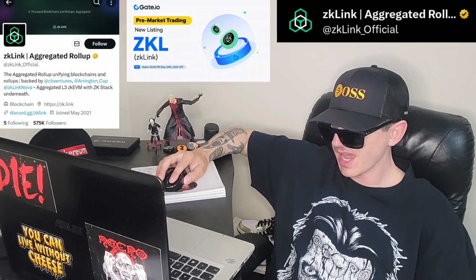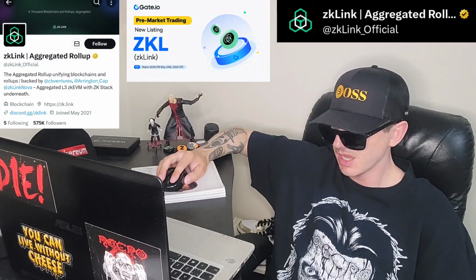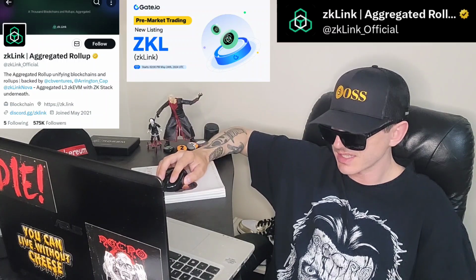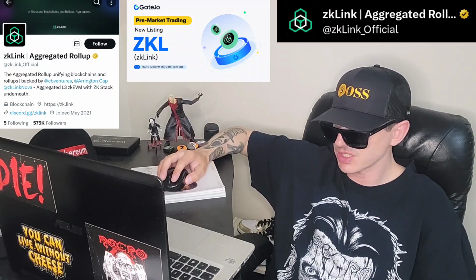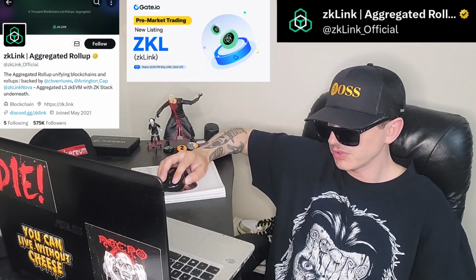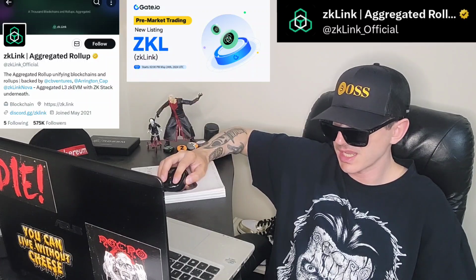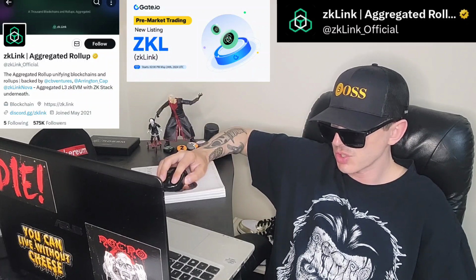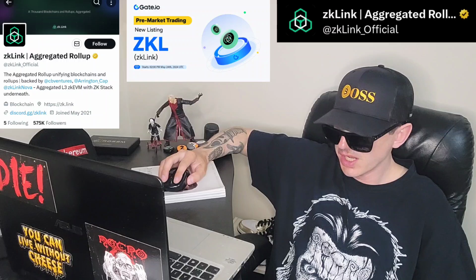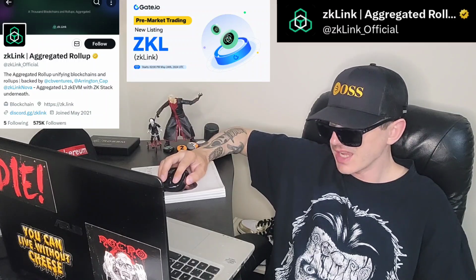It provides a high throughput, low cost, and secure environment for dApps of all kinds. Some of the key features of Zklink's infrastructure include native asset aggregation, so applications using Zklink's infra solution will be able to access the native tokens across the connected L1s and L2s, allowing users to trade multi-chain assets on a unified user interface.